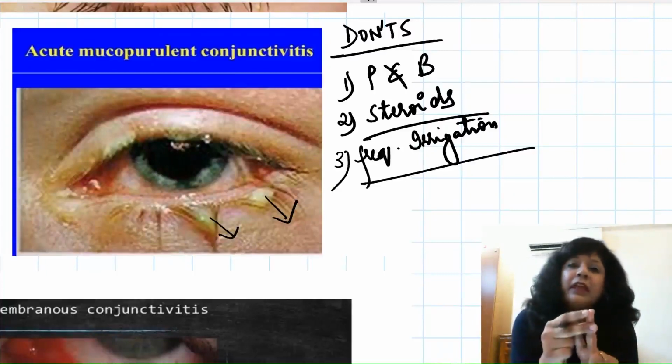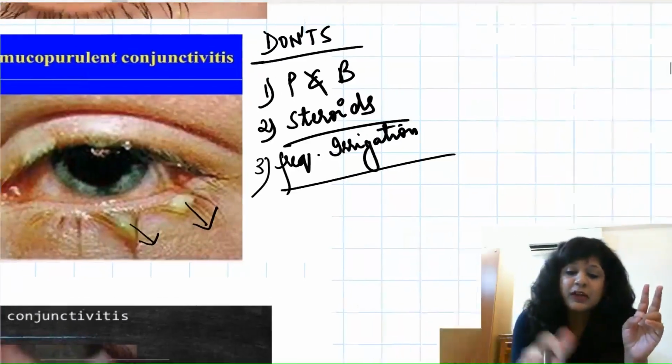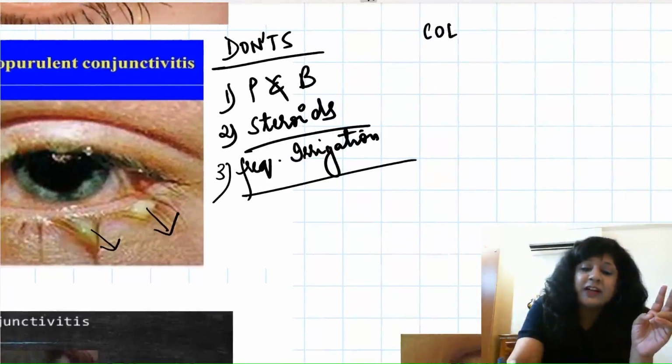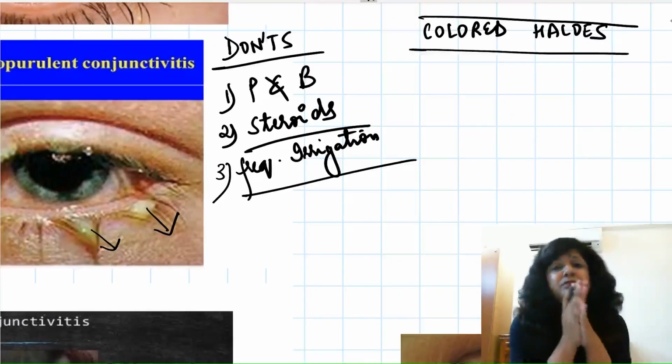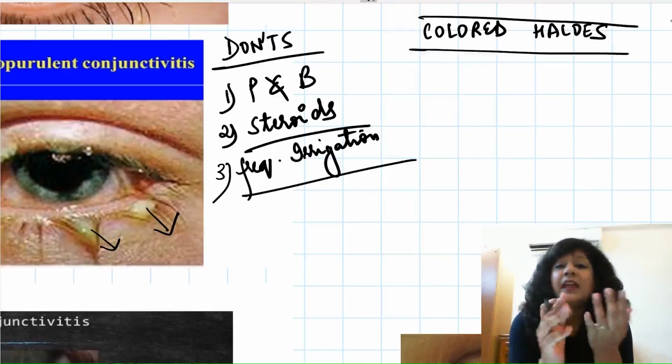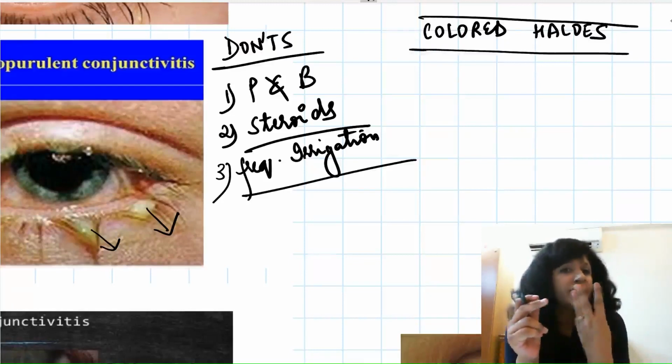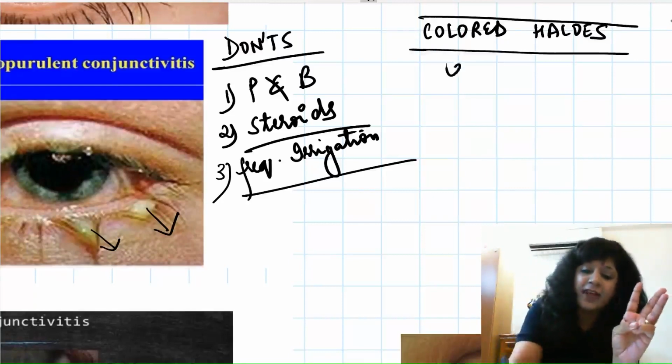Another important thing in acute mucopurulent conjunctivitis is colored halos. If you remember, I keep talking about the DDs, and we were talking about this yesterday also. Colored halos are a very, very important thing. Colored halos always mean three important things. What? One is cataract.